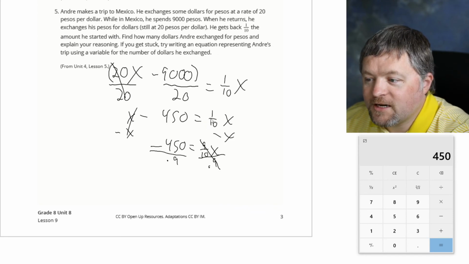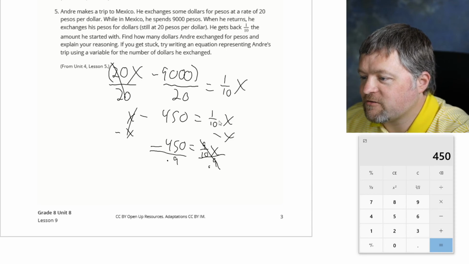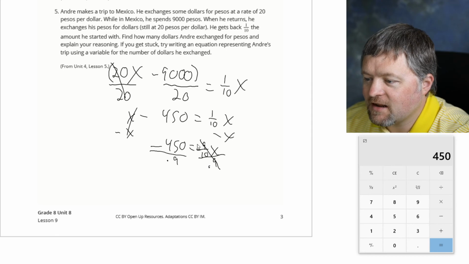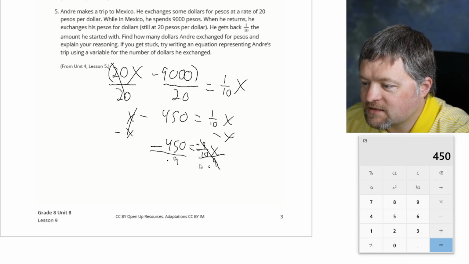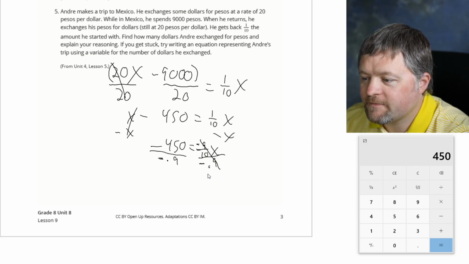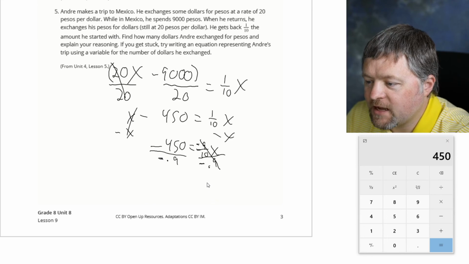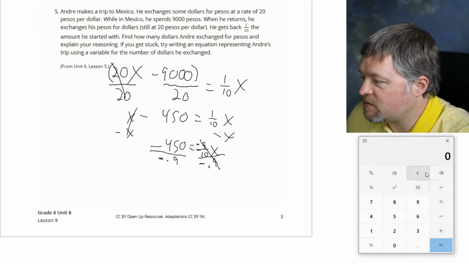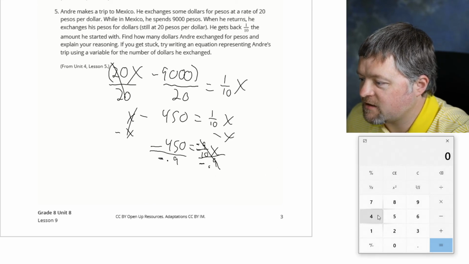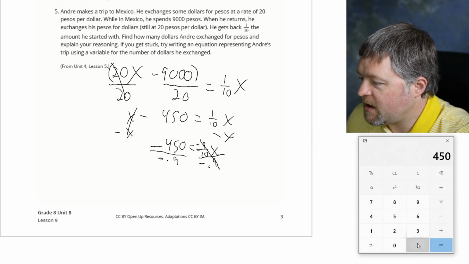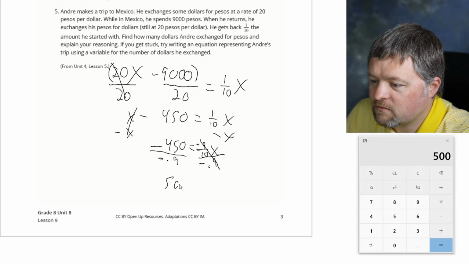Nobody caught that and pointed it out? You're probably yelling at your screen. 1/10 subtract 1 is negative 9/10, which means I need to divide by negative 9/10. Now, negative divided by a negative is going to be a positive, so I'm not going to bother punching those negatives into the calculator. 450 divided by 0.9 is 500.